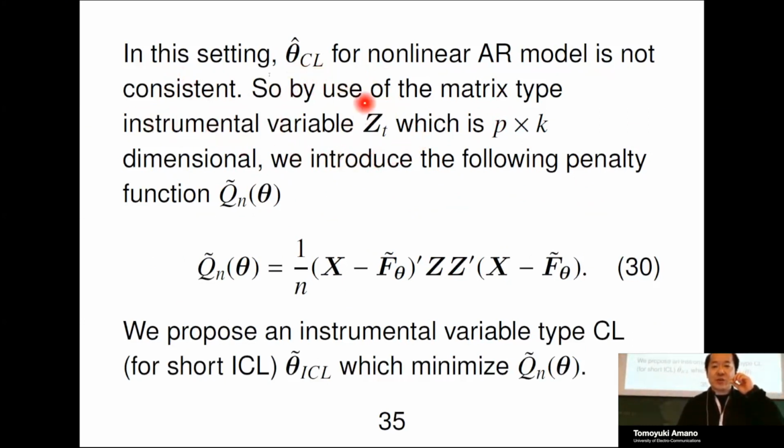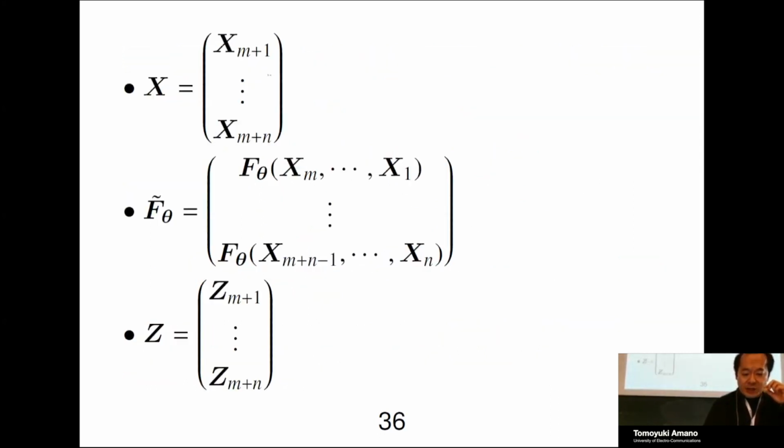So by use of the matrix-type instrument variable, we introduce this penalty function, Q tilde. That is this, where x is past values of x, f tilde is past values of f theta and z is past values of zt.